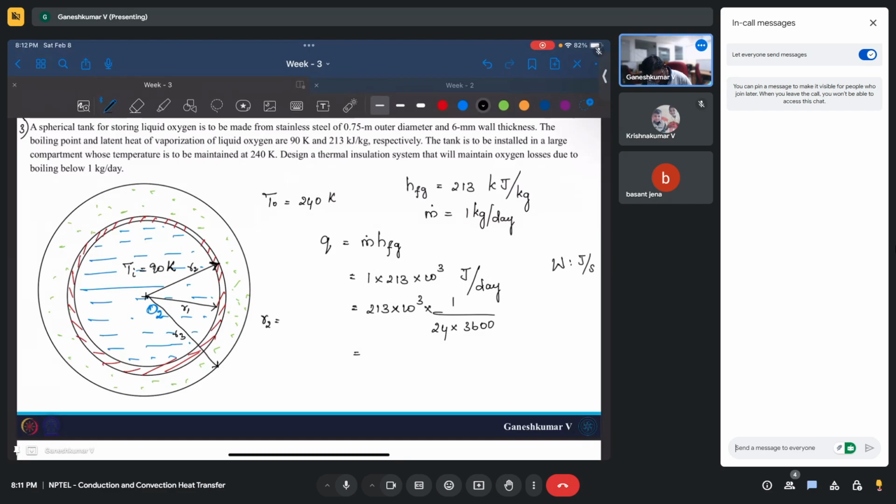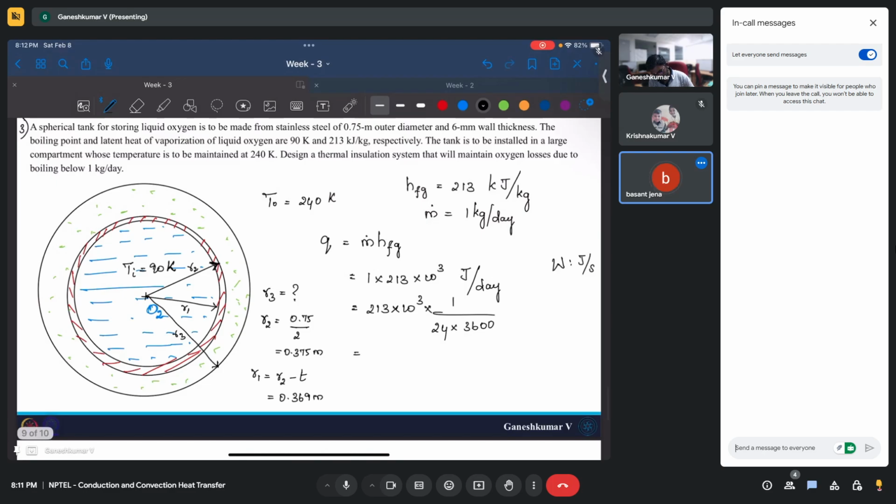R2 is 0.75 by 2, which is 0.375 meters. And R1 is nothing but R2 minus the wall thickness you have to reduce, which will be 0.369 meters. So now we need to just find what is R3.